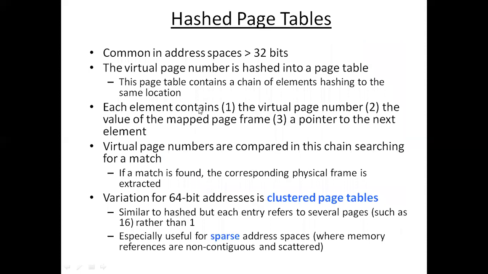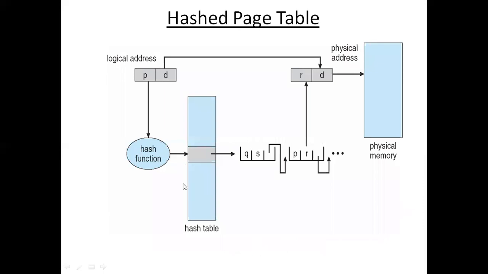Each element consists of the virtual page number, the value of the mapped page frame, and the pointer to the next element. If that virtual page number and the mapped frame is not right, then I go to the next element. Here each entry is for one page.